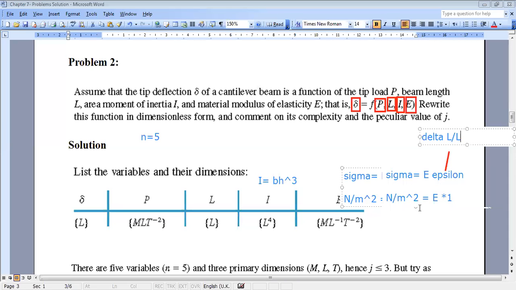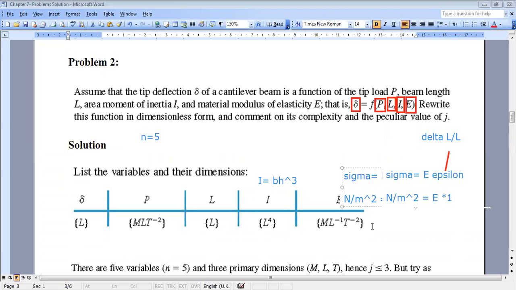So in total, from this relation, you can deduce the unit of E. The unit of E is the same unit as sigma, which is Newton per meter square. Now Newton is force, and the unit of force is MLT minus 2. So if you divide MLT minus 2 by meter square, you get L minus 1 T minus 2.